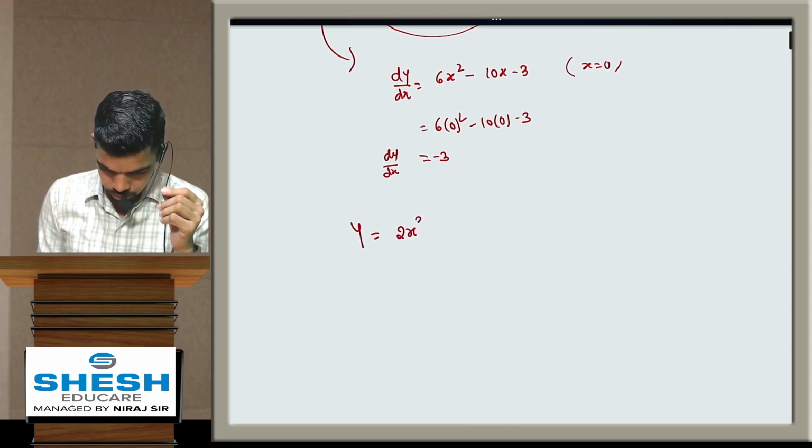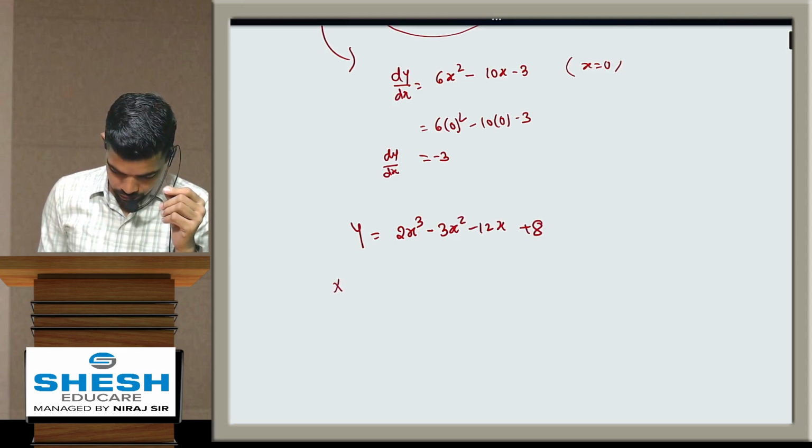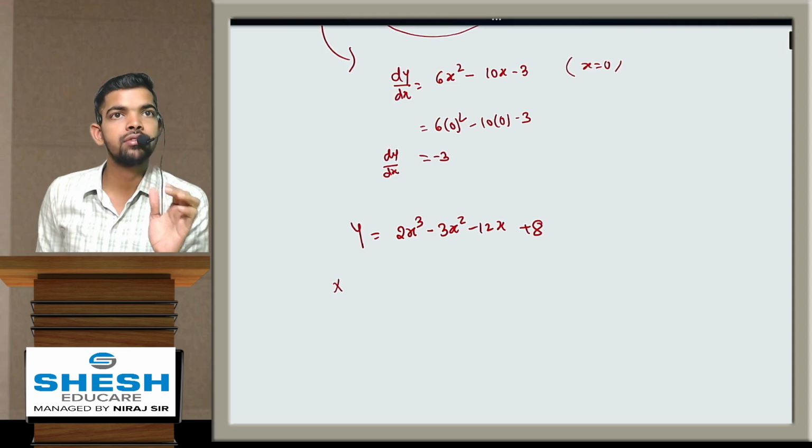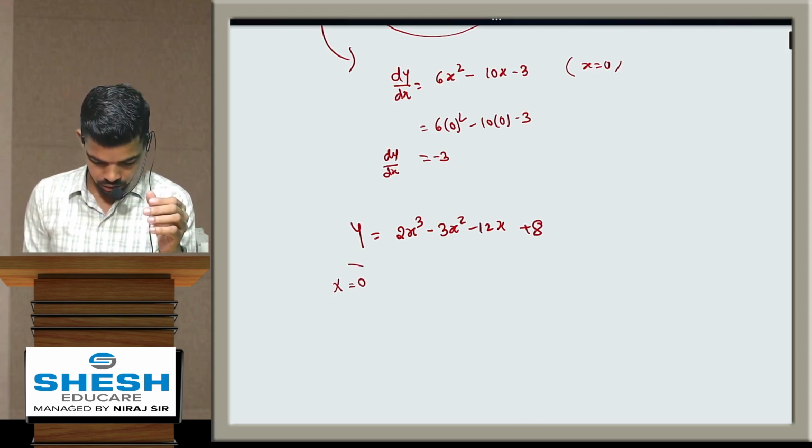2x cube minus 3x square minus 12x plus 8. Okay, we have to find what will be the gradient. Again we have to find gradient, and what is given? X is 0.